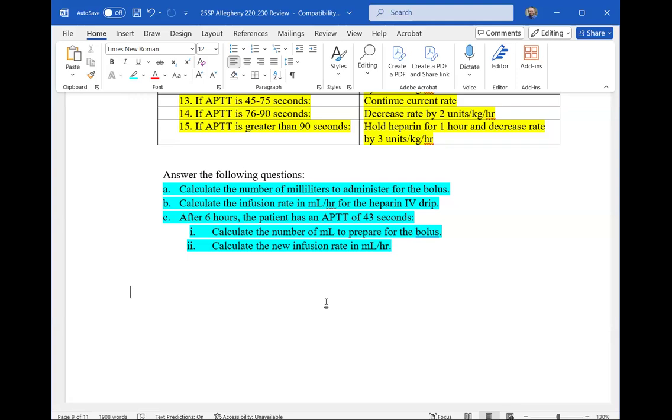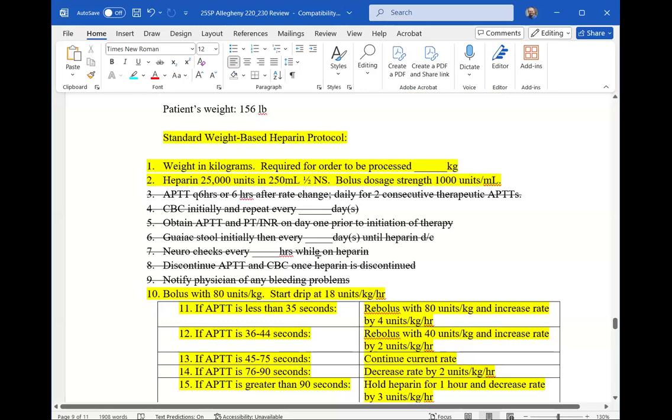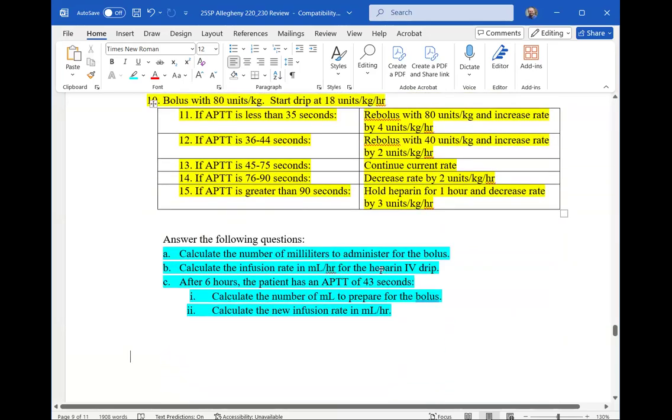Okay, this question will have 2 questions to it. You need to answer both questions correctly in order to get the whole question correct. So if you miss one or both, you just missed one question, okay? But after going through this, I feel pretty confident that you'll be fine and you won't have to worry about that, okay? So that's what it's asking. It's asking you to answer these questions.